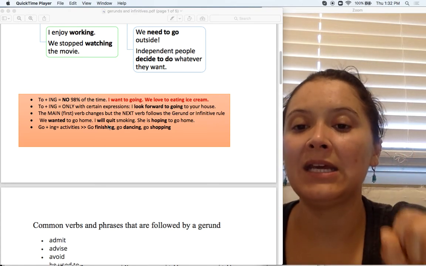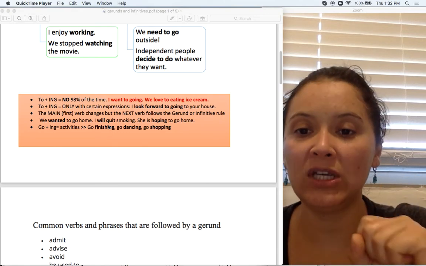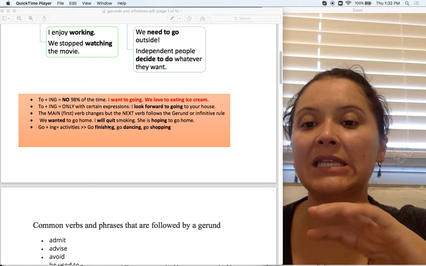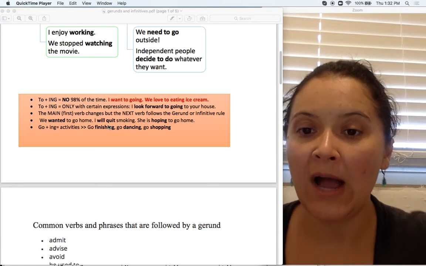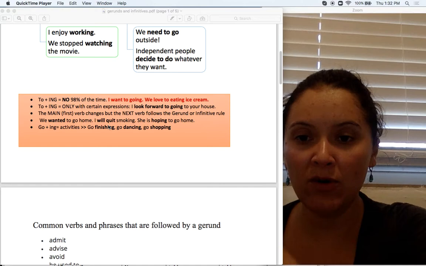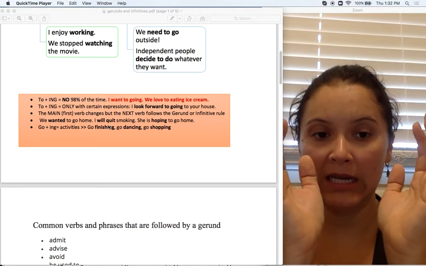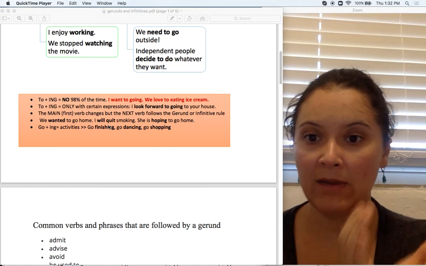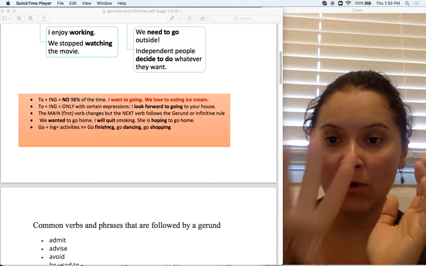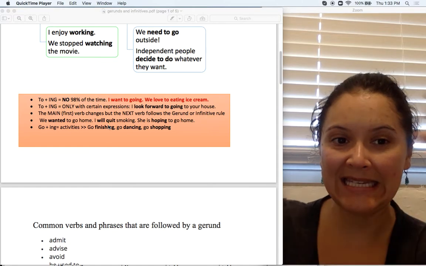The gerund does not have the "ing" form. The gerund is like a transformation, you see? So, "I am quitting smoking." "I am quitting" is the main verb, the time at the moment, right? And then "smoking" is the one that is attached to it.